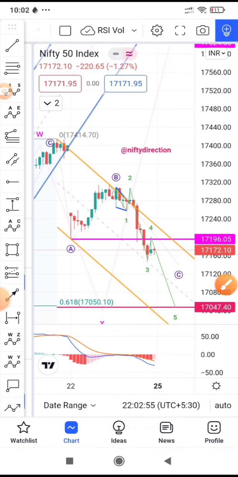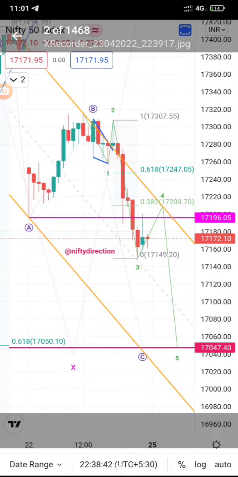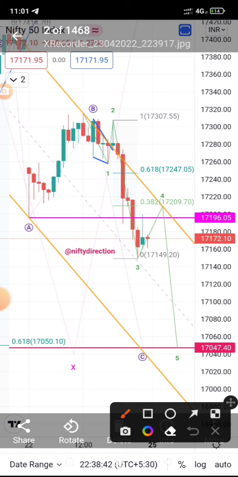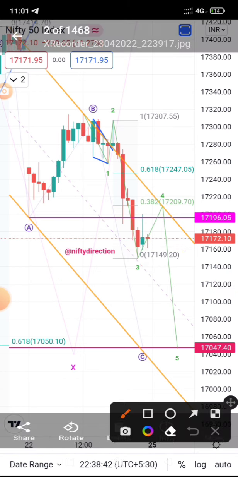Okay. So another case, the second case in Monday's session: if it opens flat without breaking this 17,149 low, or opens flat or gap up, we can expect it to find resistance near the 0.32 Fibonacci, and then it would drop.